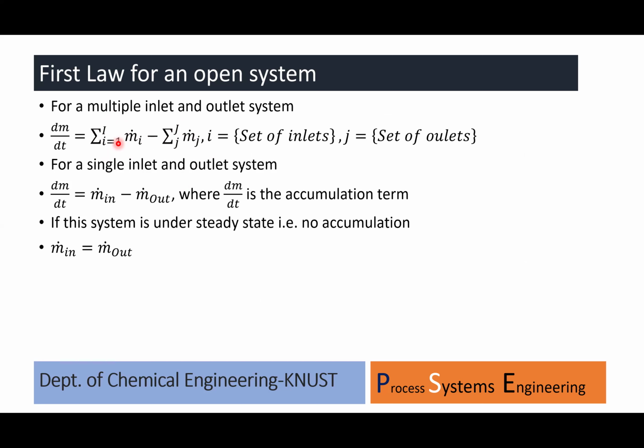You have to consider the flow in all the inlets and all the outlets. Is that fine? So for a single inlet and single outlet system, we have our accumulation equal to our in minus our out. But when we are at steady state, remember we said at steady state, there is no accumulation. So the dM/dt can go to zero, and our in is equal to our out. Is that fine?